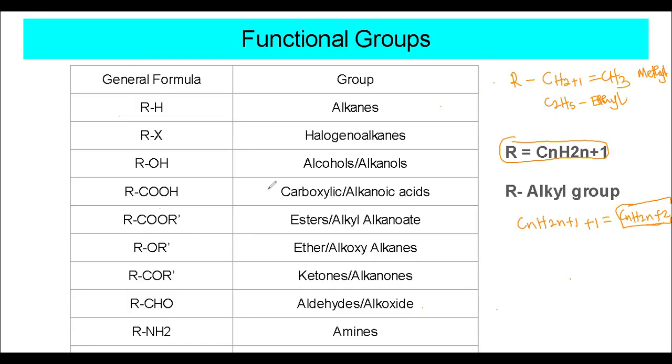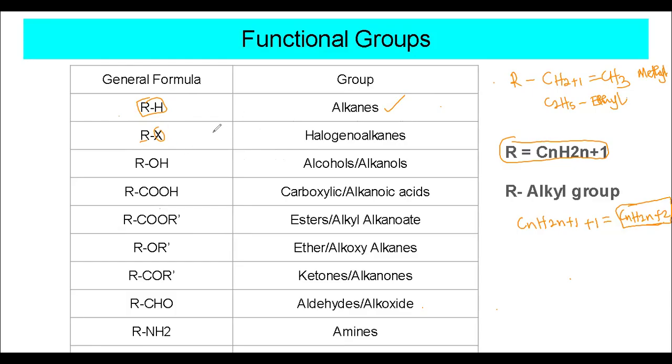Hence, the general formula based on the alkane functional group is RH. Okay, so you have the alkyl group plus one hydrogen. That is alkane. Okay, now moving on to the next one, the halogenoalkane group. It has the alkyl group, and then you have a halogen attached to that alkyl.